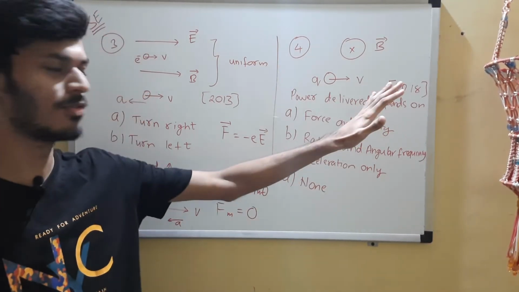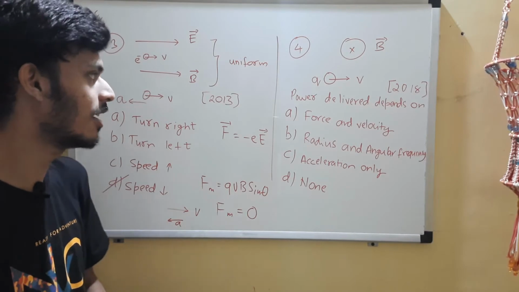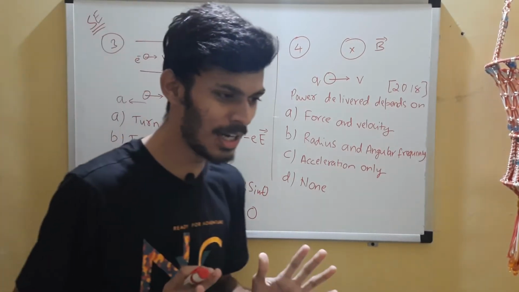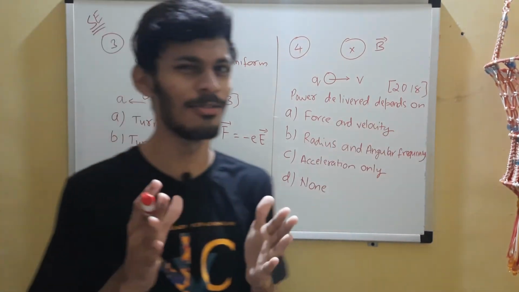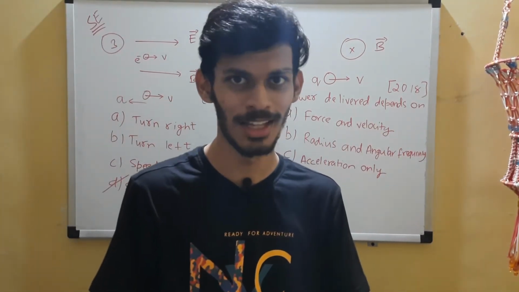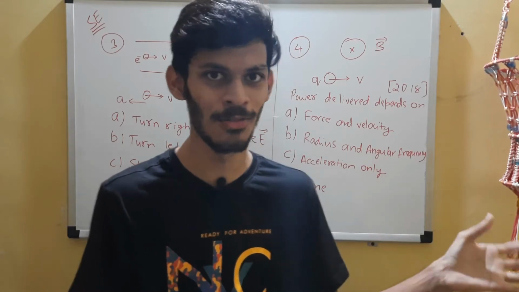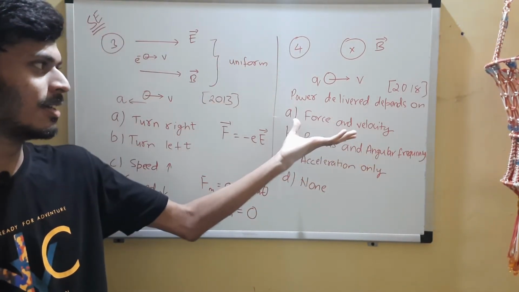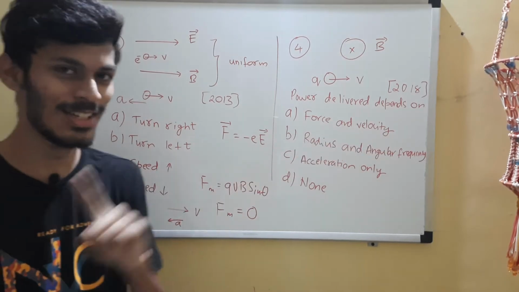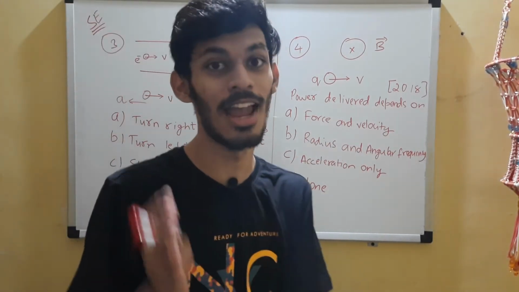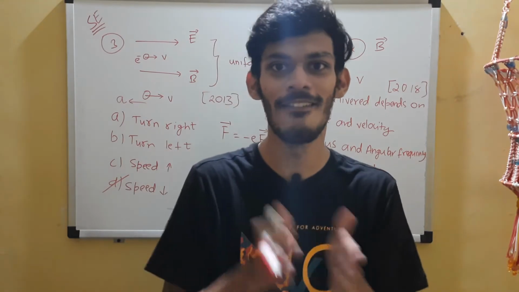This is a question from 2018, a recent one. Now I know you might be tempted to say it depends on force and velocity, because you know that power is F dot V. But that is wrong, because power is F dot V, so it is Fv cos theta.